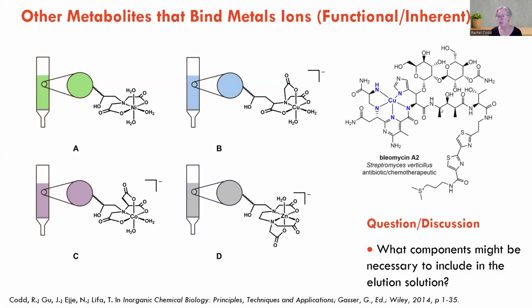So in terms of looking at a different metal ion, our compound of interest was an anti-cancer drug that again is clinical, and it's known as bleomycin. So bleomycin is produced by a bacterium called Streptomyces verticillus, and this is in use in combination therapy for treating testicular cancer.